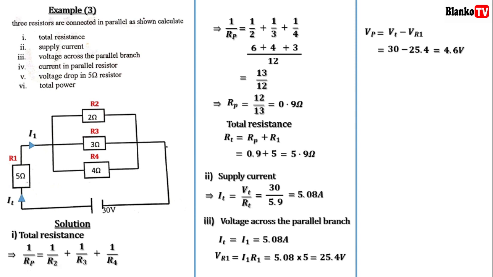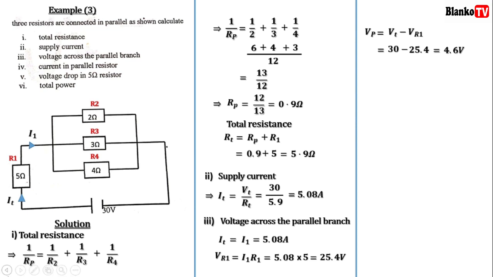So let's move on. All right, please take note here, because the resistors are connected in parallel, the voltage across each will be the same. Please take note of this.